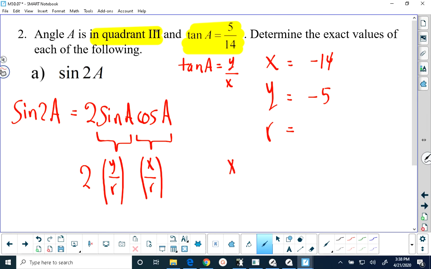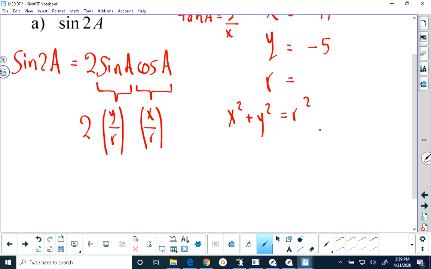We're going to use the Pythagorean theorem, x squared plus y squared equals r squared. So we're going to have x, which is -14 quantity squared, plus y, which is -5 quantity squared, equals r squared. Something tells me that that's not going to be a perfect square, but we'd better work it out.